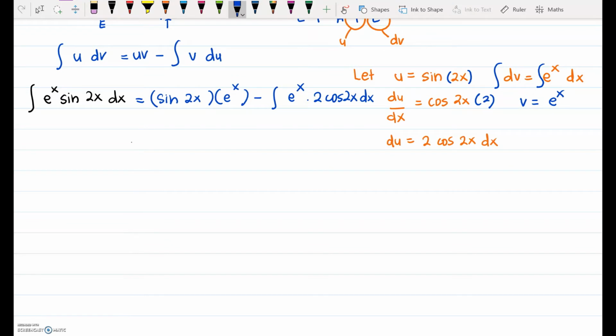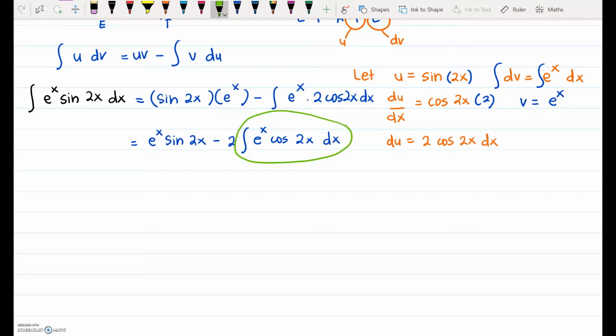Now we will have e^x sine 2x minus the integration of 2 e^x cos 2x dx. So now the problem is how to integrate e^x cos 2x.